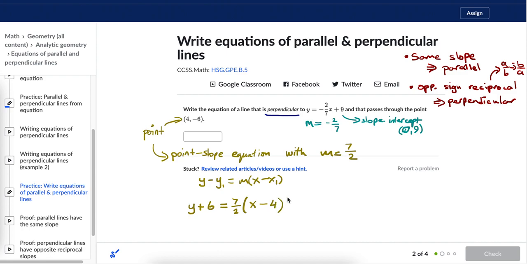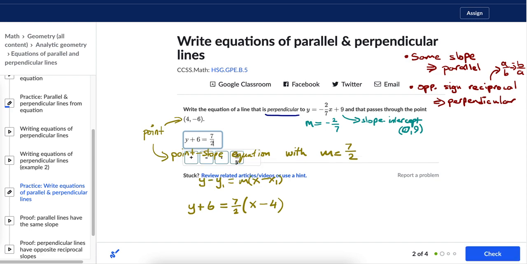And this is a perfectly satisfactory equation. If you wanted to rewrite it as a slope intercept, you could, but we're just being asked to write an equation, not a slope intercept equation, right? So we've got y plus 6 equals 7/2 times x minus 4. And that's a point slope form equation of the line.